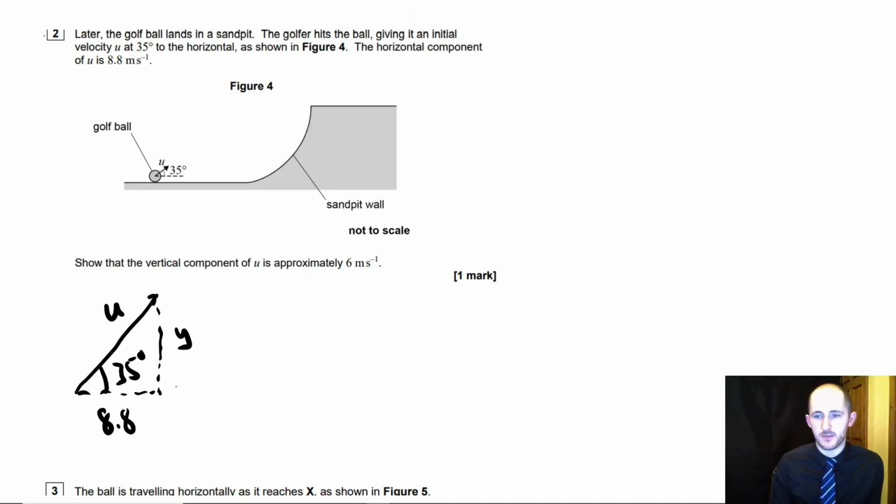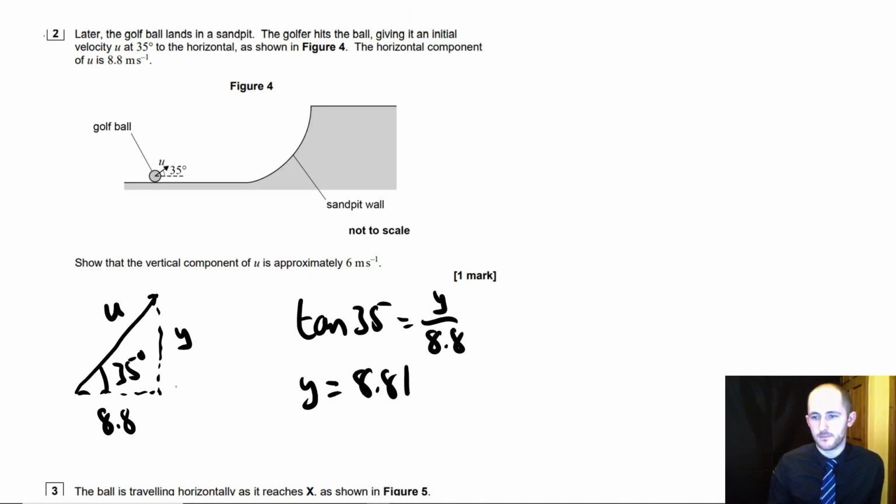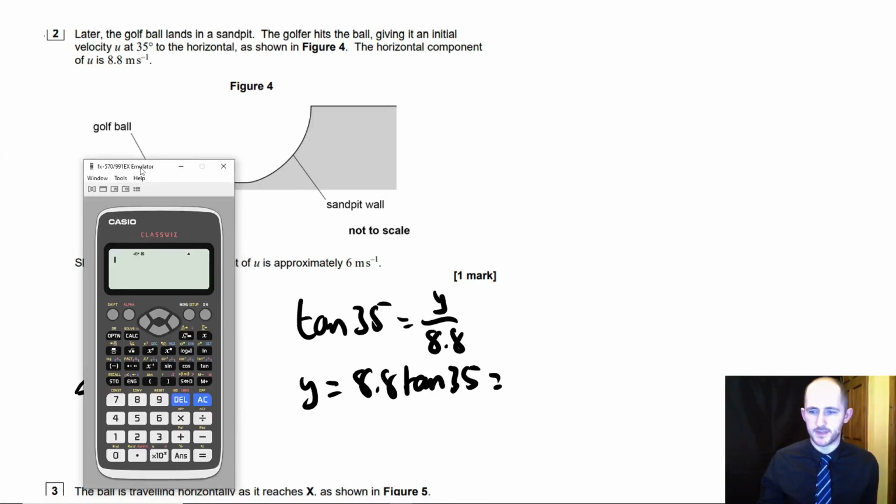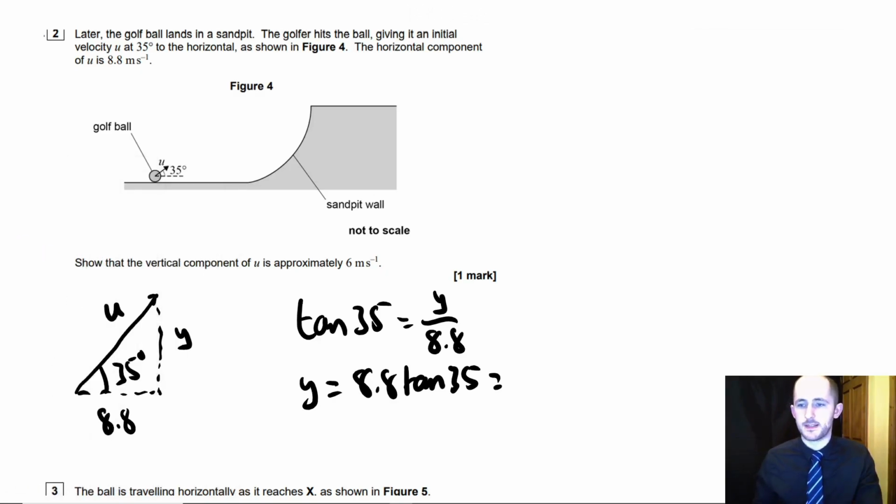So tan 35 equals y over 8.8. So then y is just 8.8 tan 35. And again, always drawing diagrams, because that helps you immensely, immeasurably in A-level physics. So 8.8 tan 35 gives you 6.16 meters per second, which is approximately 6 meters per second.